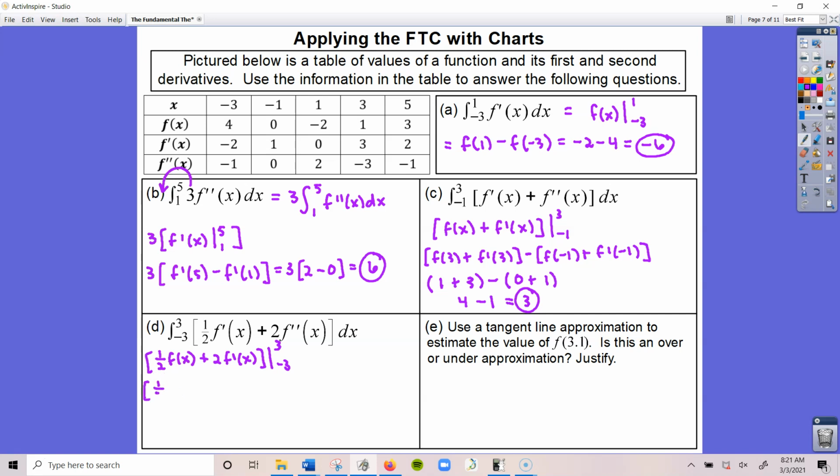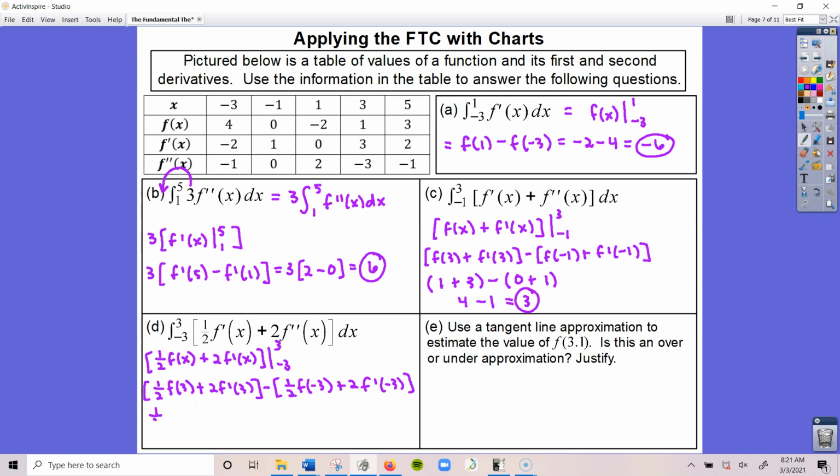So 1/2 f of 3 plus 2 f prime of 3, minus, now we're going to plug in the negative 3: 1/2 f of negative 3 plus 2 f prime of negative 3. Now let's substitute these function values with what's in the chart.